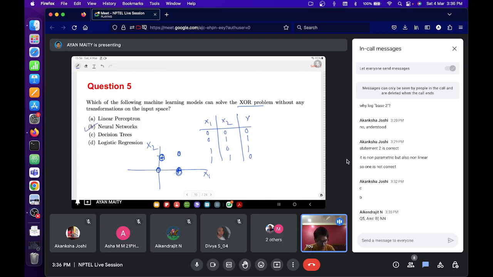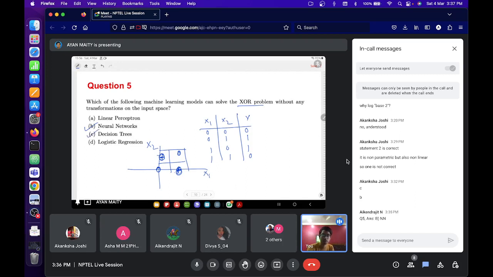And decision trees, obviously, simply break the input space down into several parts. It would simply create decision boundaries like this. So it creates such rectangles in the input space, and that way you can separate these two sets of points using a decision tree as well.